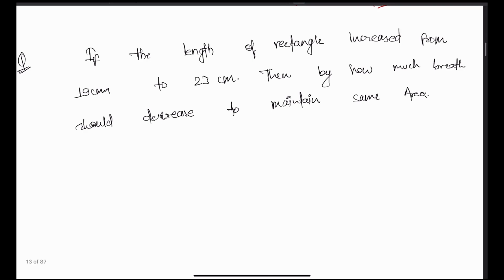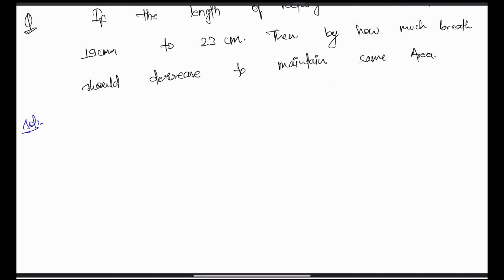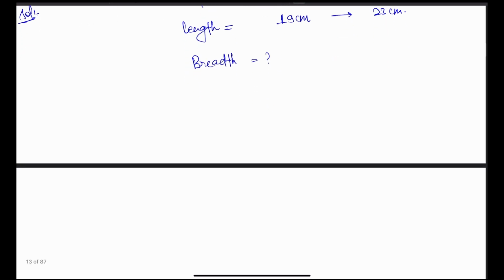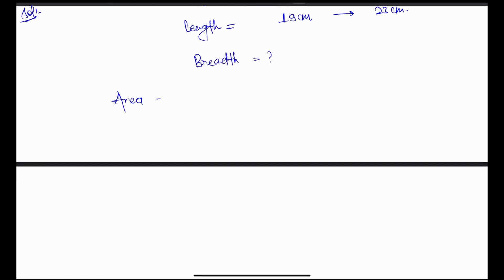So again the same concept. Solution: we know that area is constant. First of all, area should be constant according to the question. Let's write whatever is given: the length is increased from 19 centimeter to 23 centimeter, and the question is asking how much the breadth should decrease. We already know that the area of any rectangle is length into breadth. So if the length increases, breadth should decrease to maintain the same area.